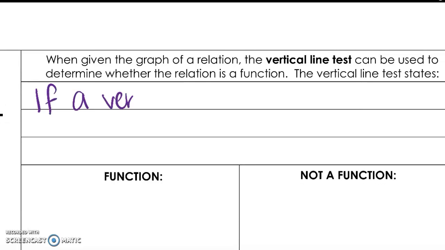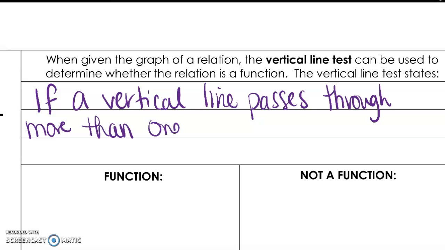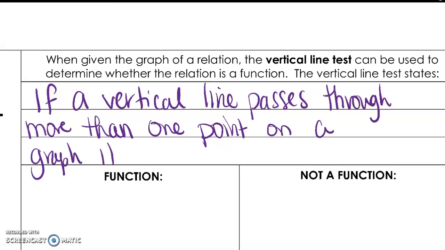If a vertical line, so that's up and down, passes through more than 1 point on a graph, it is not a function.